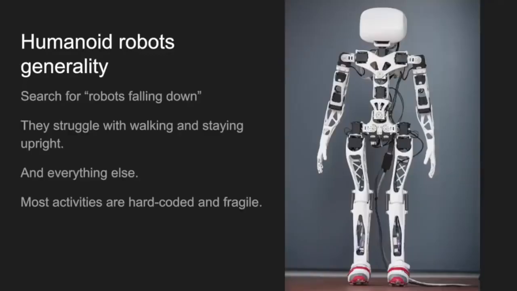Now, in terms of generality, do another search for robots falling down, and you'll be treated to a montage of really humorous shorts of robots trying to do very simple things like open a door or lift an empty box or even stay standing up. And they really struggle with this.